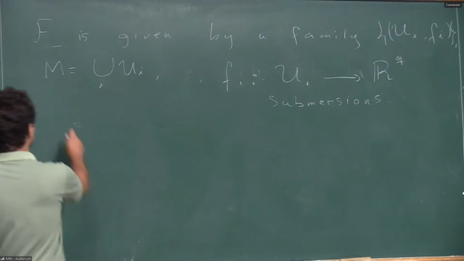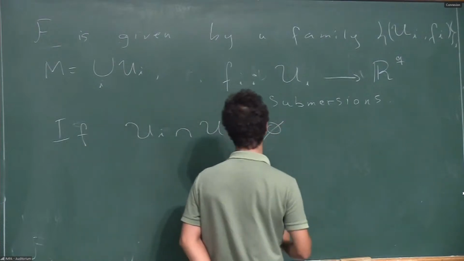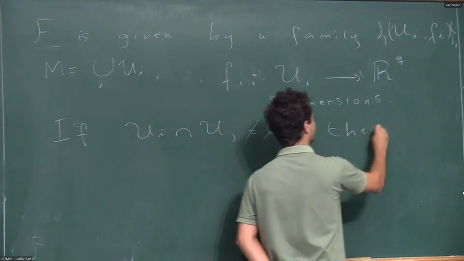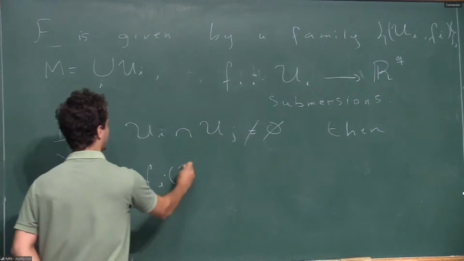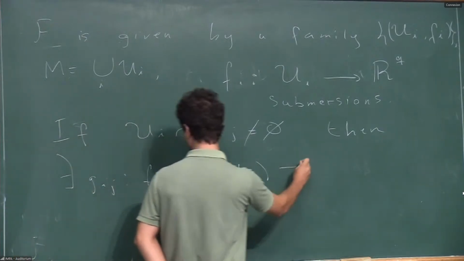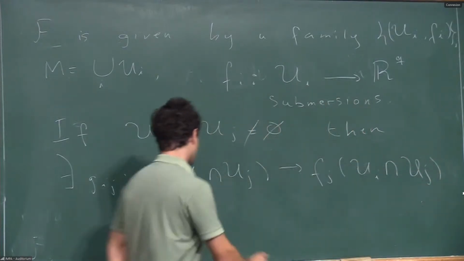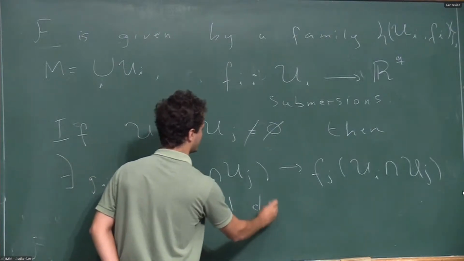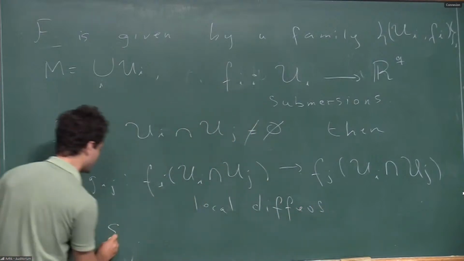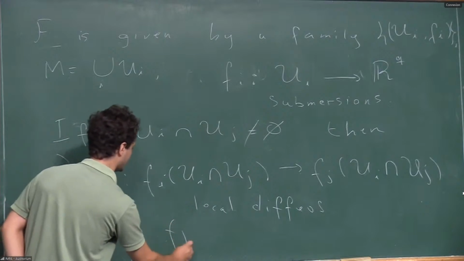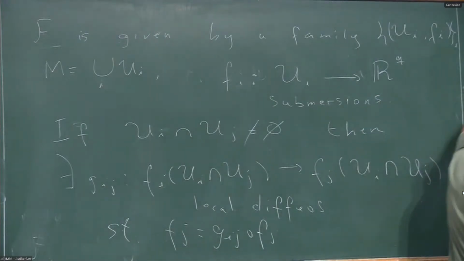And moreover, if U_i intersection U_j is not empty, then there exist g_ij from f_i(U_i ∩ U_j) to f_j(U_i ∩ U_j), local diffeomorphisms, such that f_j is g_ij composed with f_i. So it's easier to see the picture.